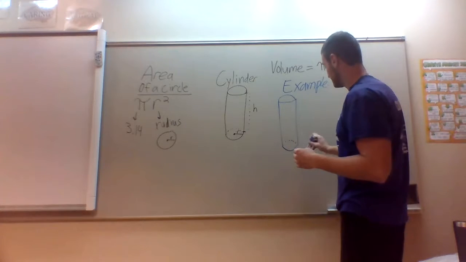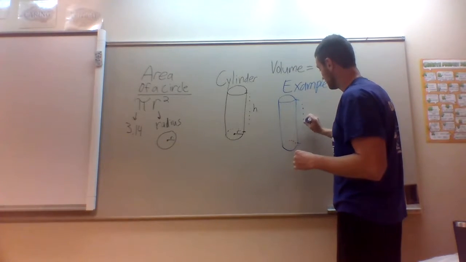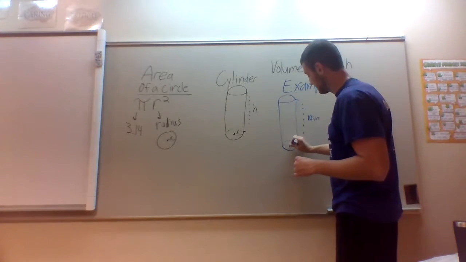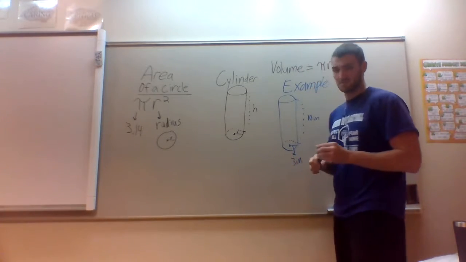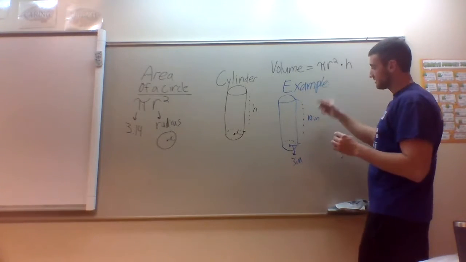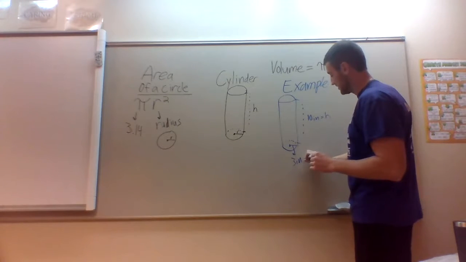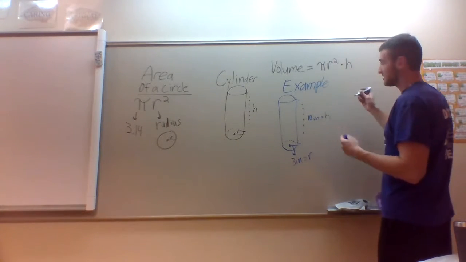In this example, the height of our cylinder is 10 inches. The radius is 3 inches. So how do we solve this? We substitute our h, so the 10 inches is our h, and the 3 inches is our radius. We substitute these into the letters of our equation.